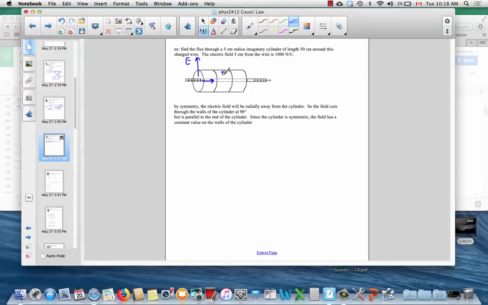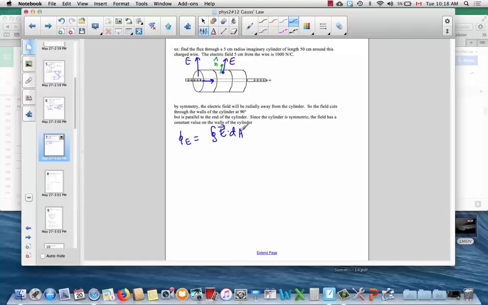So if I imagine a point right here, the electric field will be cutting nice and perpendicular through that surface. There's my outwards pointing surface vector n hat. And so for calculating the flux, we have on the walls of the cylinder an easy time of it.